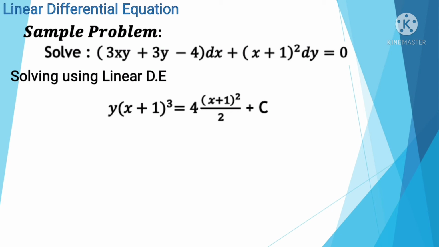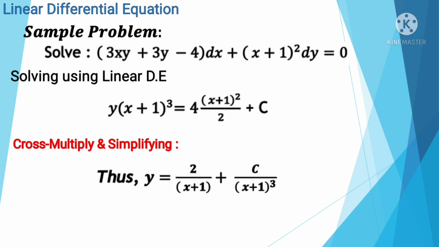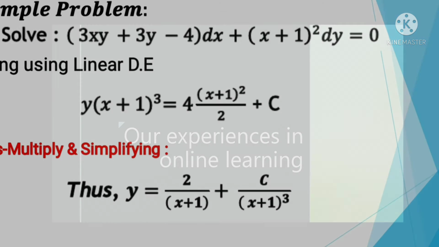Cross multiply the quantity of x plus 1 cubed and simplify the equation. Our final answer is y is equal to 2 over the quantity of x plus 1 plus c over the quantity of x plus 1 cubed. And that is the final answer of sample problem number 2.